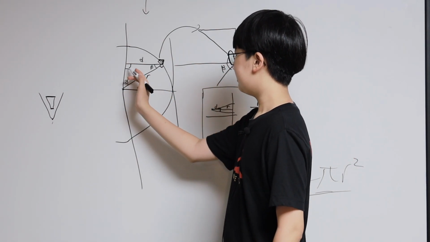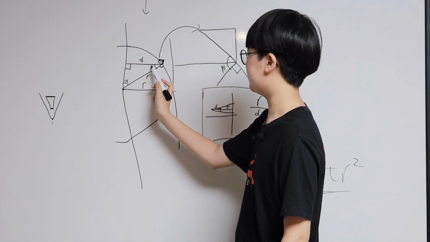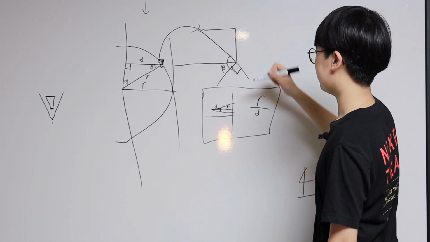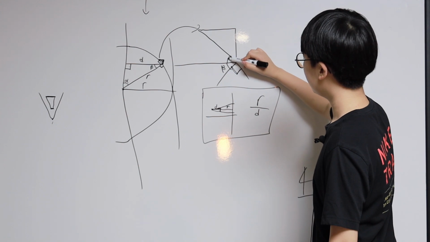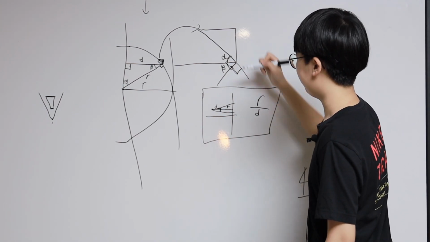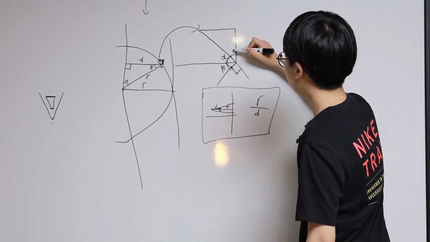So, because this is 90 degrees, alpha plus beta should be 90. So, because this is 90 degrees, beta plus alpha does it.